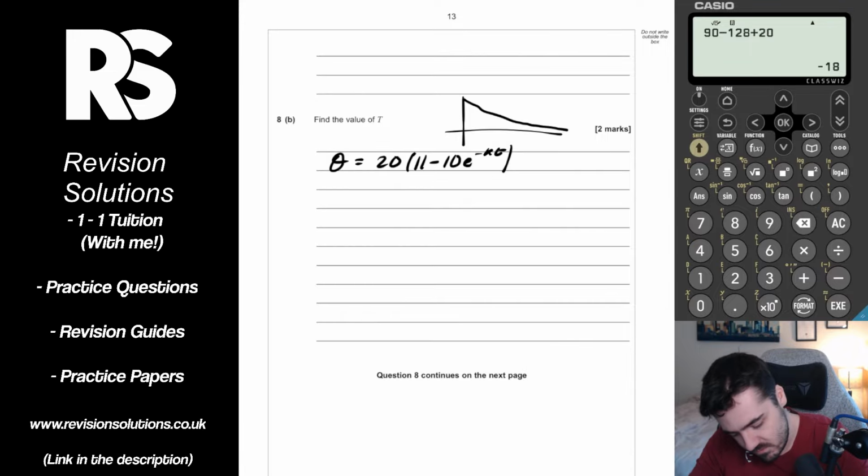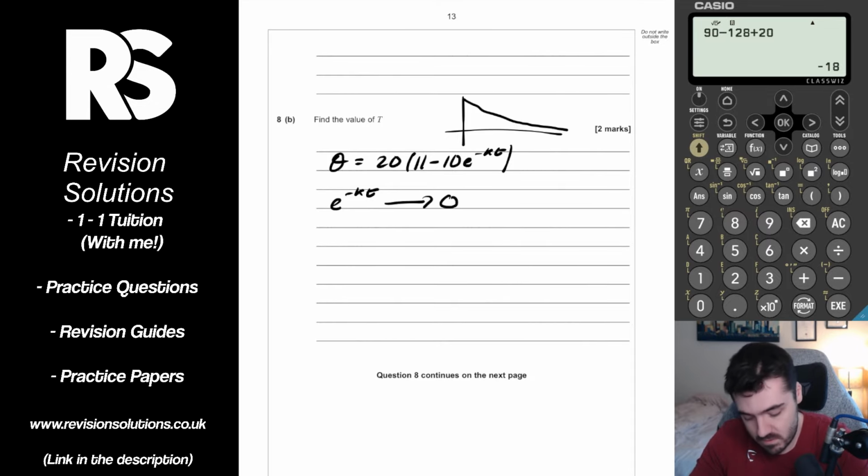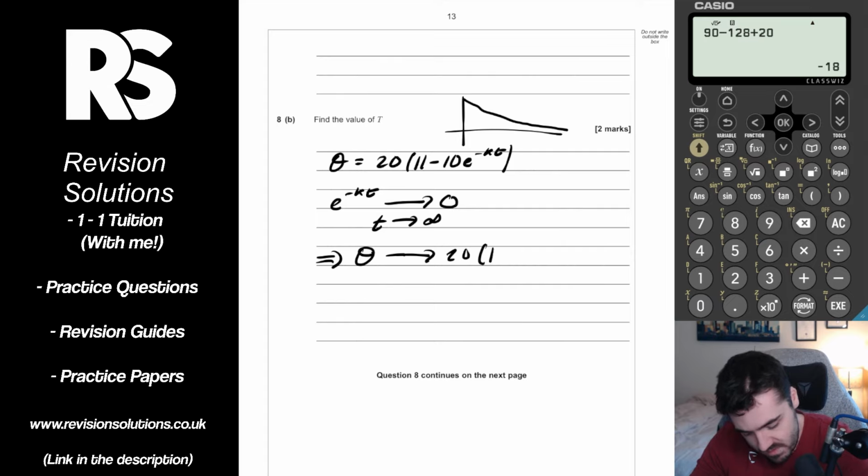So we know that e to the minus kt tends towards 0 as t tends to infinity. So that means theta would tend towards 20 times (11 minus 0), which is just 20 times 11, and that would be 220 degrees centigrade.